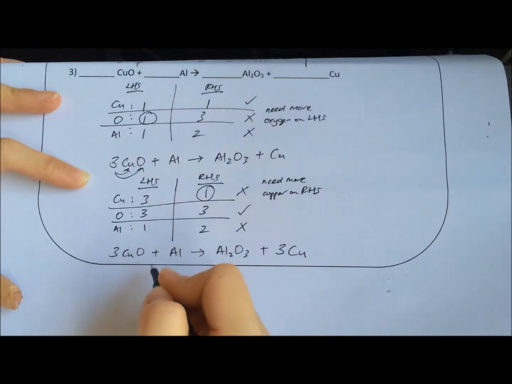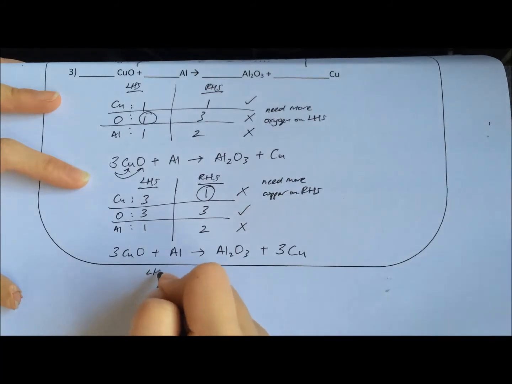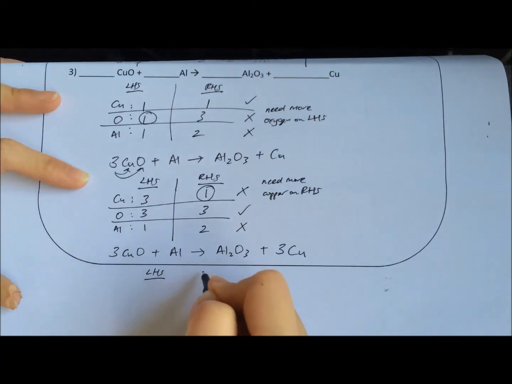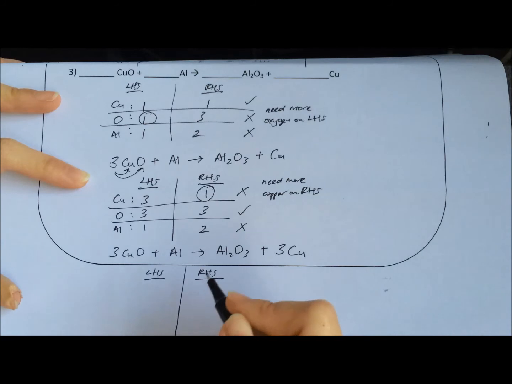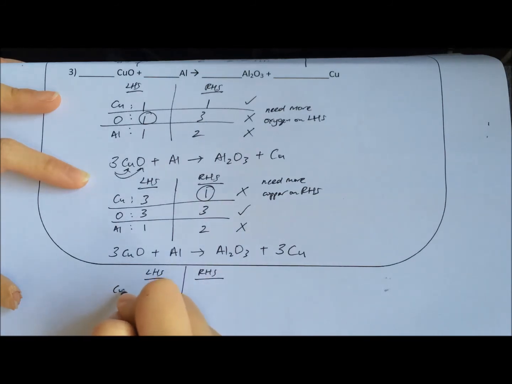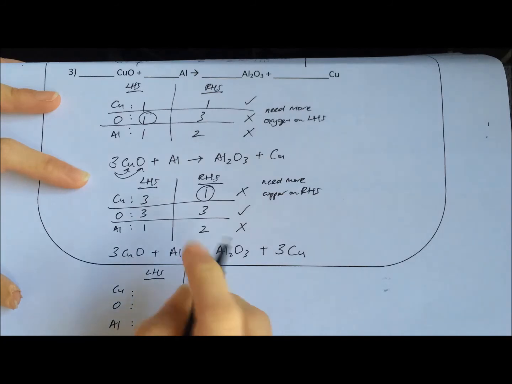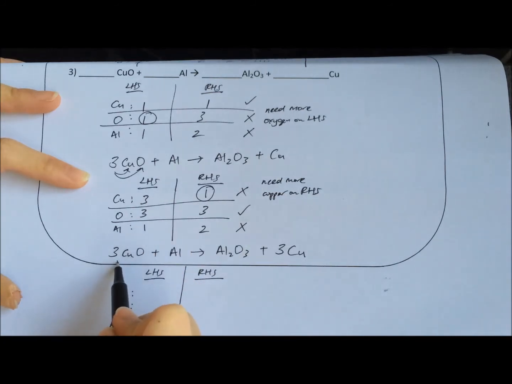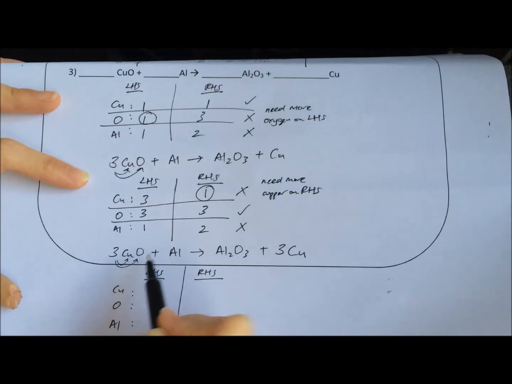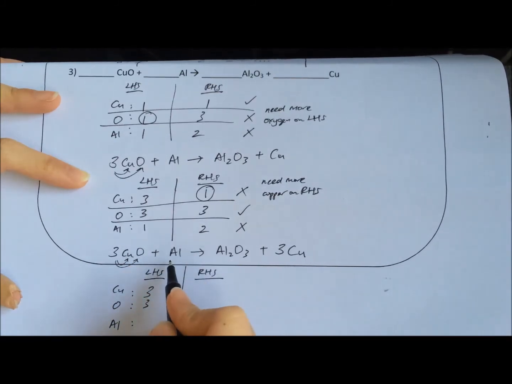Okay, so now we have already did 2 steps. Let's go for one more step. So we write left hand side and right hand side again. Cu, O, and Al. Okay, so left hand side, let's check again. 3Cu, 3O, 1 aluminium.